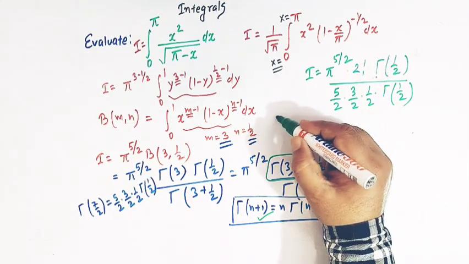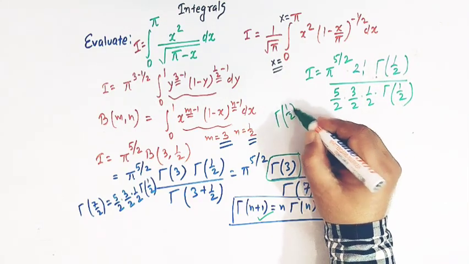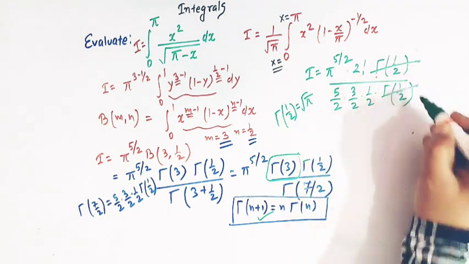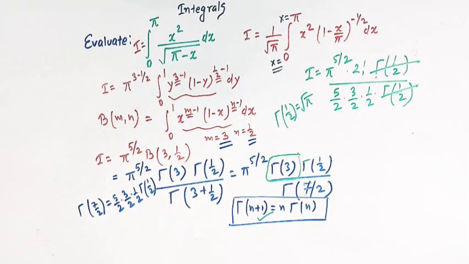So we know that gamma of half is equal to square root of pi, right? So these two terms get cancelled.